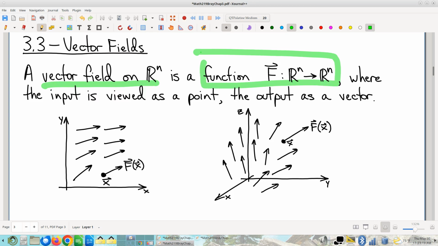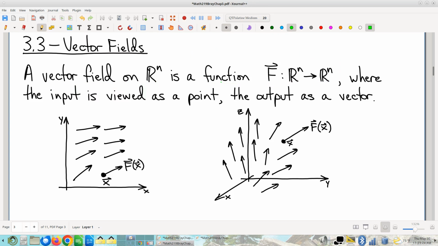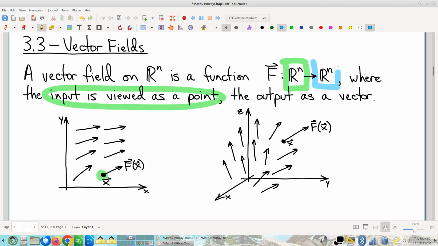That's sort of most fundamentally. Now, importantly, we interpret the input as being a point, like so, and then the output, we're not going to interpret the output as being a point in another copy of Rn.